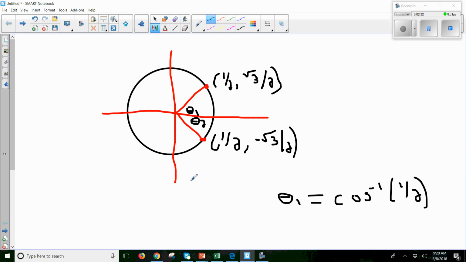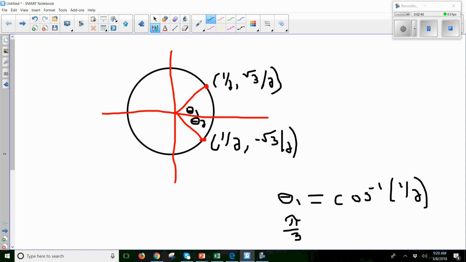We can see this happens at a 60-degree angle, or pi over 3.